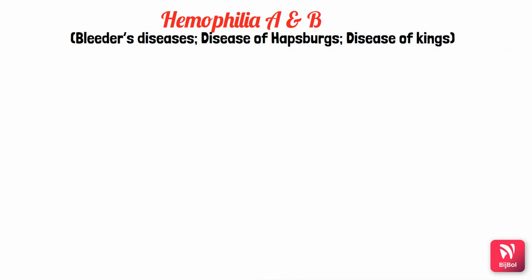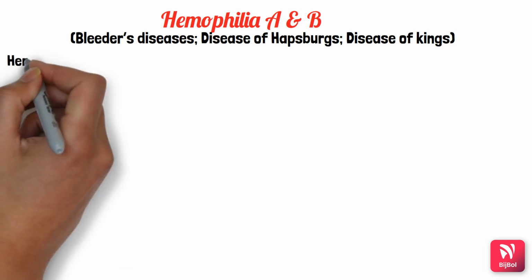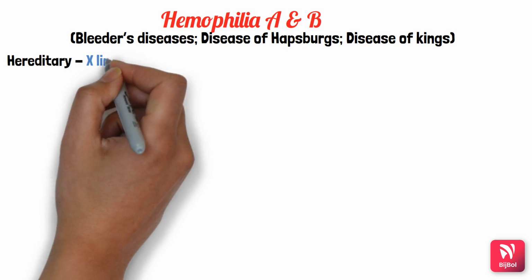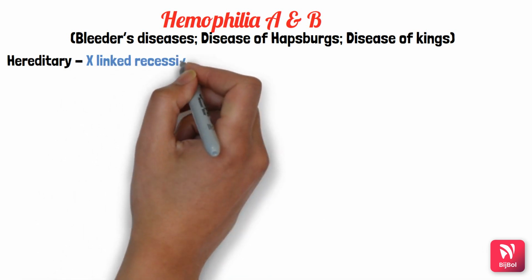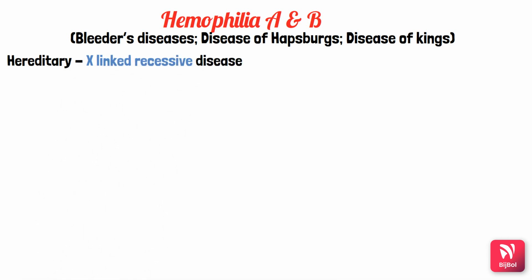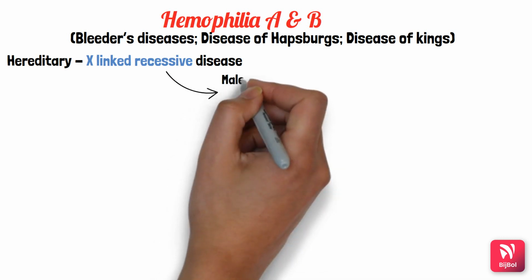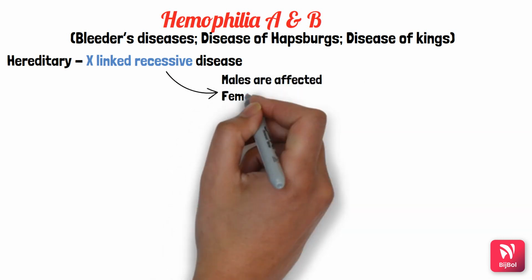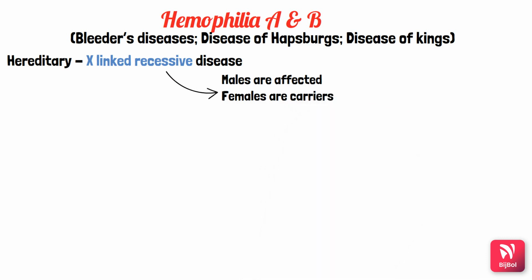Here the factor which is defective is present on the X chromosome, so the main pattern of inheritance is X-linked recessive. That means males will be affected, whereas females will be carriers.